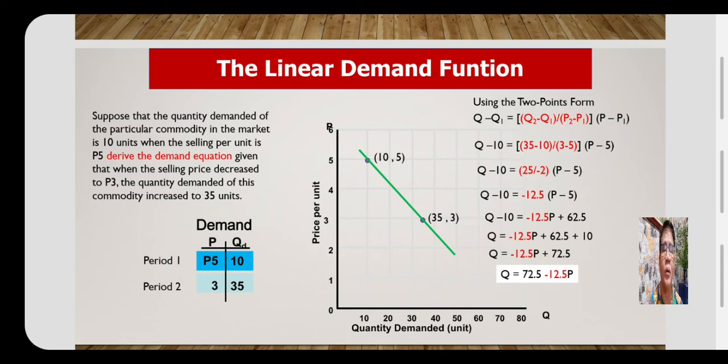So in a change from 5 to 3, the new price now becomes 3. And the quantity demanded increased from 10 to 35. So take note of the mention of the word "to" after a given change.